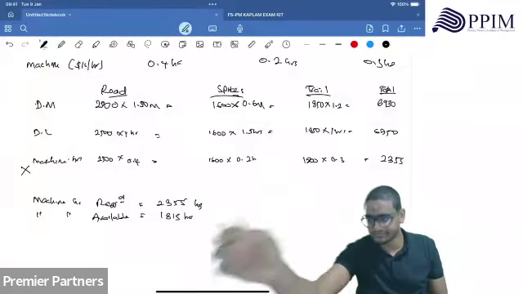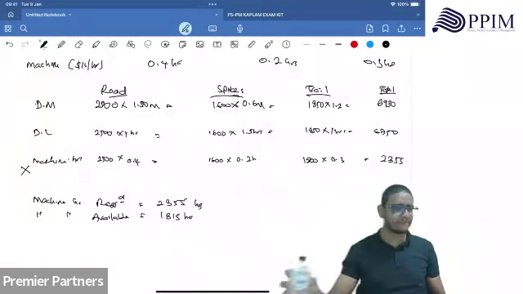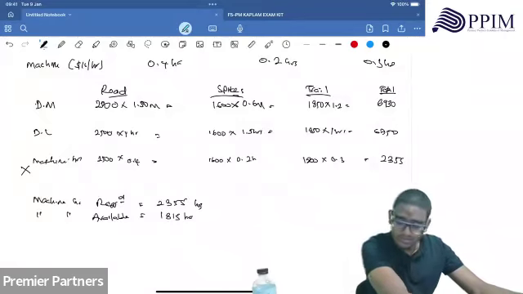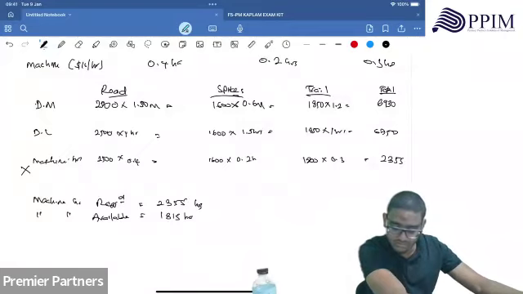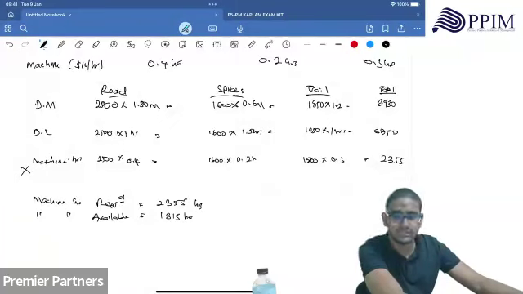Machine hours is the limiting factor. You got 2700 for the total requirement. Let me see, I'll do the calculation. So we get 2500 into 0.4, 1600 into 0.2. I get 1860.